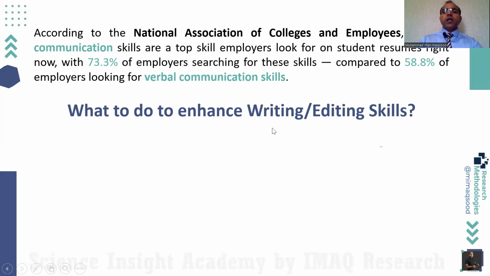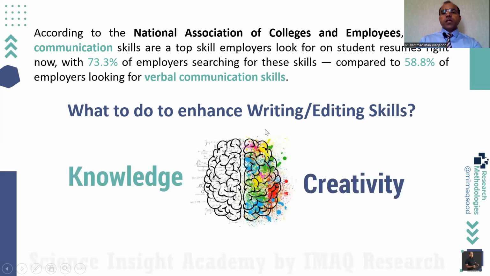So how can you enhance and improve your skills? It's a general mechanism: you have to divide your brain into two sections, knowledge and creativity, if you want to enhance your writing and editing skills. Why do we say you have to divide your brain? Because a writer is a creator, creating a story.